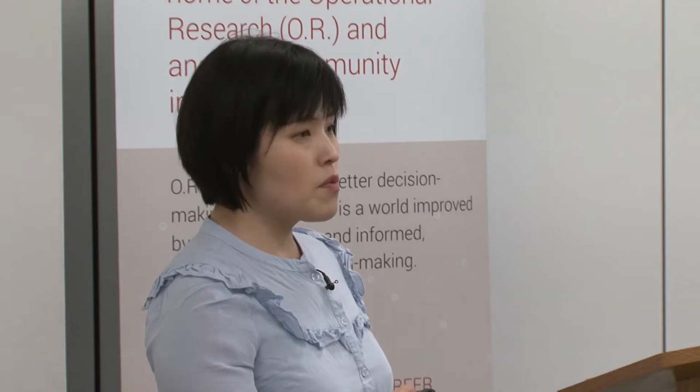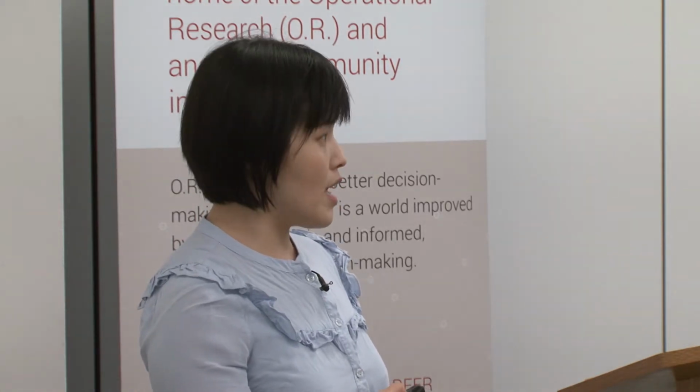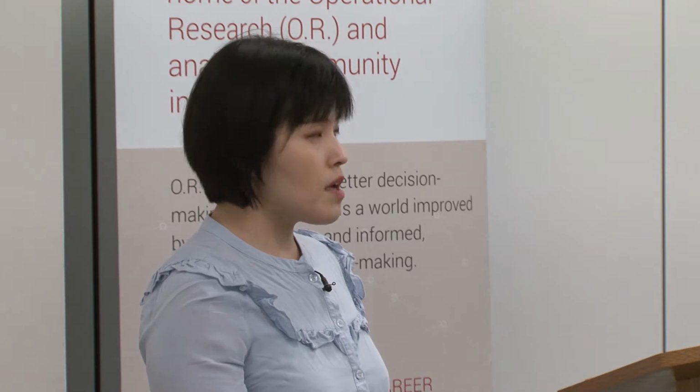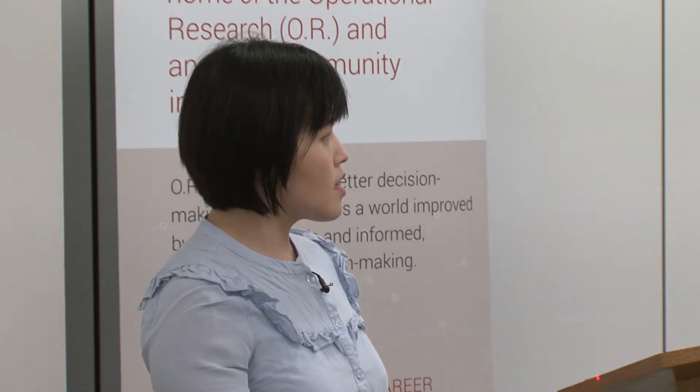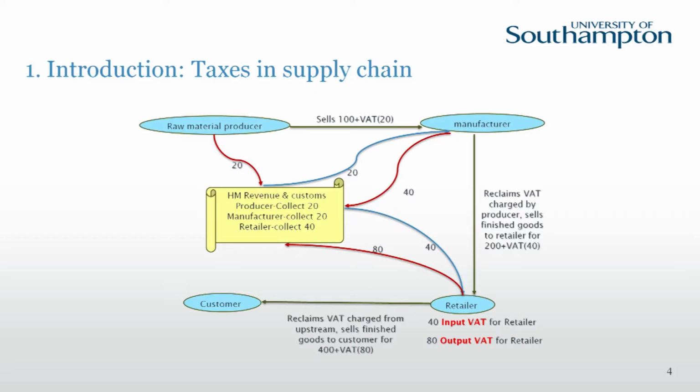It is well known that for consumption taxes, we call it value-added tax. Normally, if we model it, it's a very easy one. It involves customers, retailers and manufacturers. Normally the retailer sources from the manufacturer and sells to the customers.